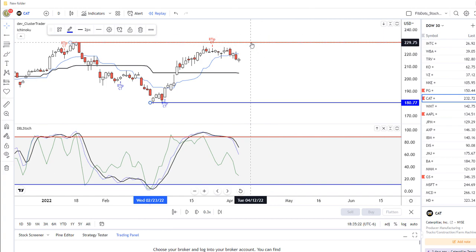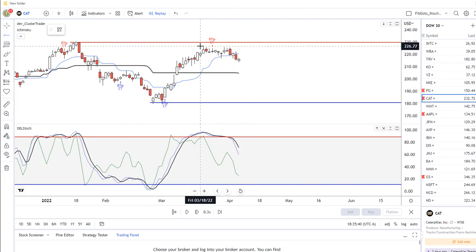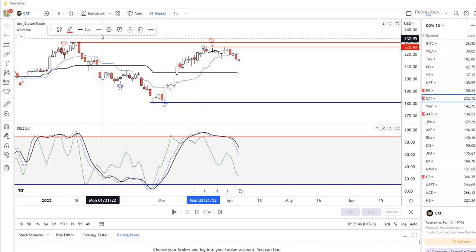For me, if I have a weekly key support level, as an example, it would be a red, solid, double thickness line. A minor support level might be a minor resistance level. Let's call this a minor resistance level right there. So I will make this red, and then I'll come in here and it'll be dots.